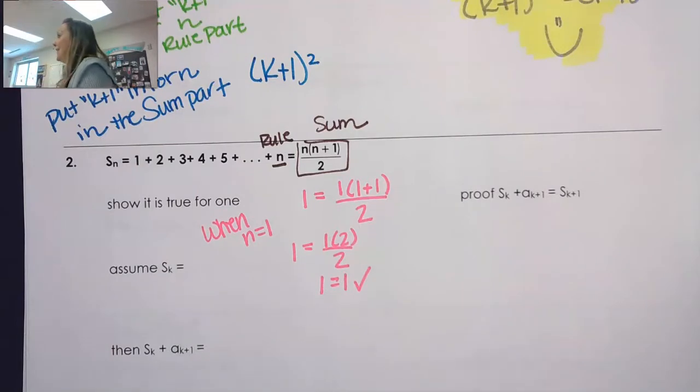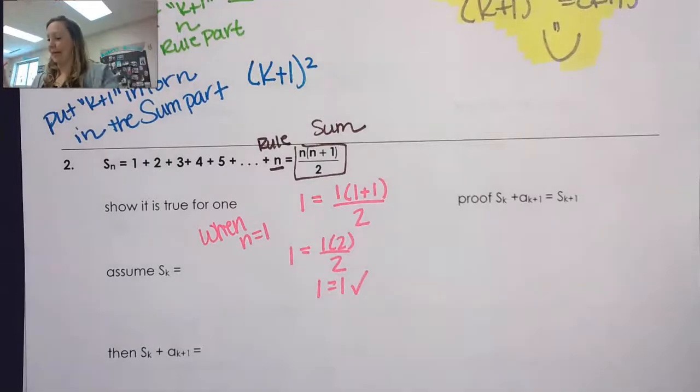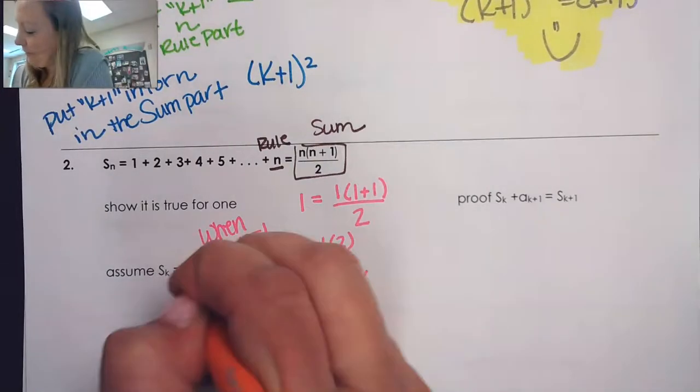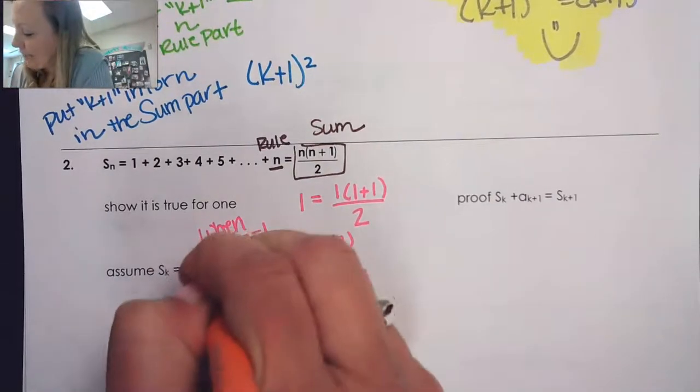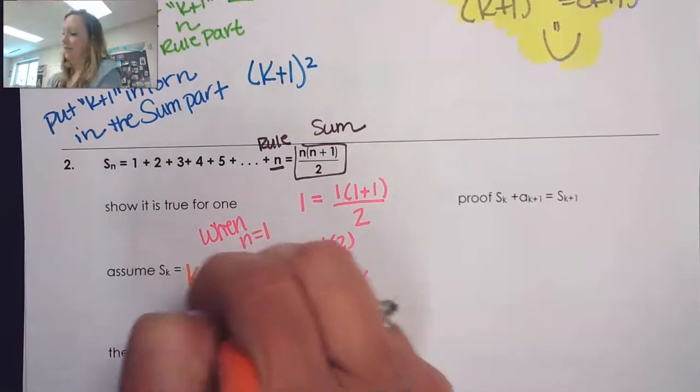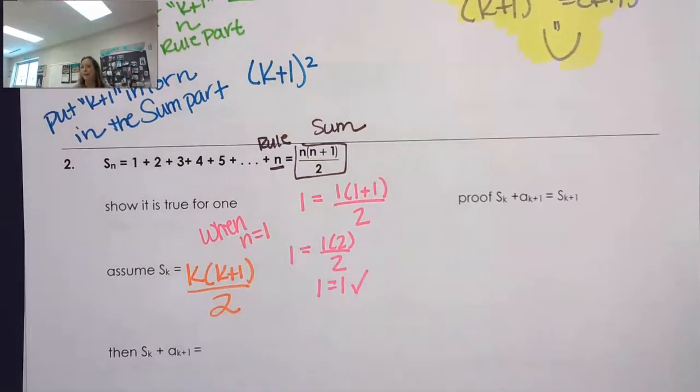So what that means is that I can get on the first step. I can get on step 1. Now we're going to just say I'm on a random step. S sub k is going to be k times k plus 1 over 2. So I'm assuming that is true for a random step. I'm on a random step. The sum is k times k plus 1 over 2.